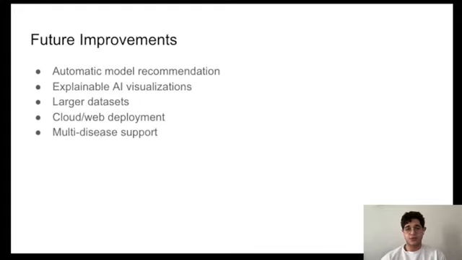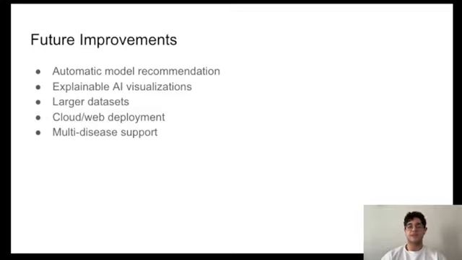And for future improvement, we would love for the user to be able to get an automatic recommendation of the model to use, whether they input the data and then the system is able to detect what kind of data they're inputting, what kind of cancer they're trying to predict, and then move them on through, rather than it being manual.